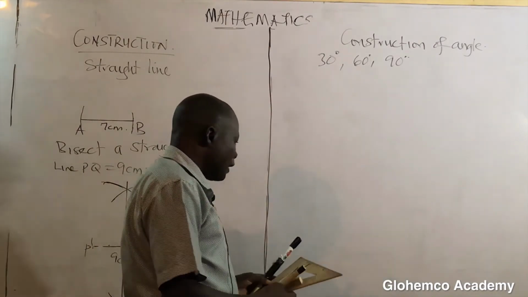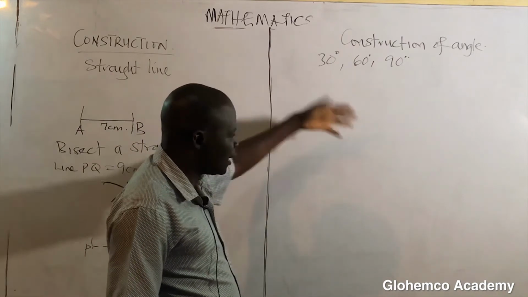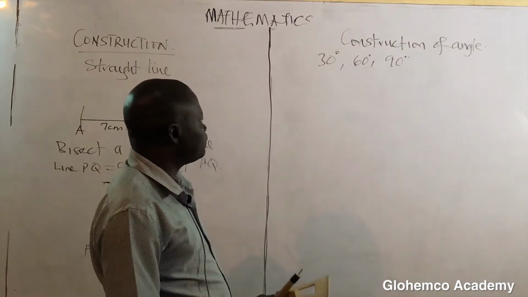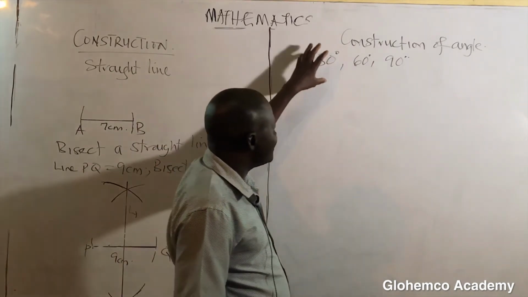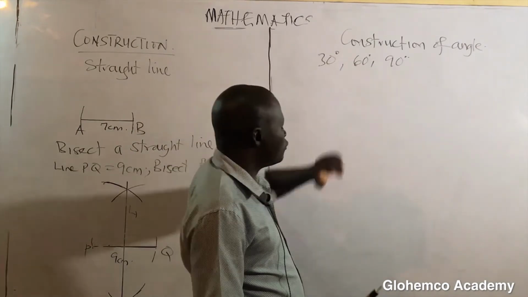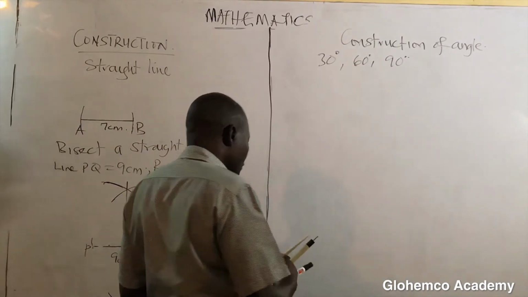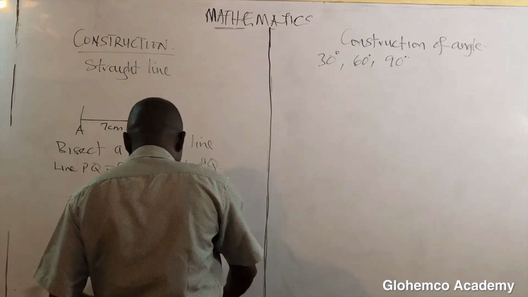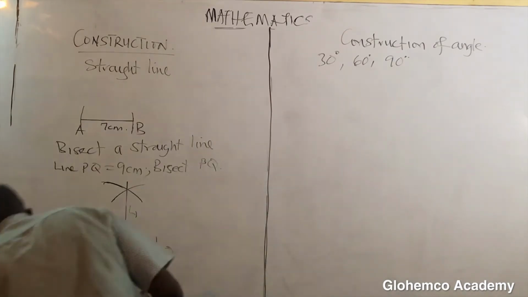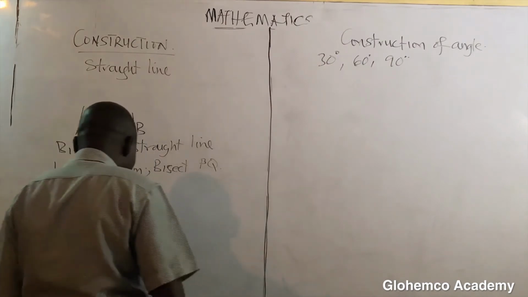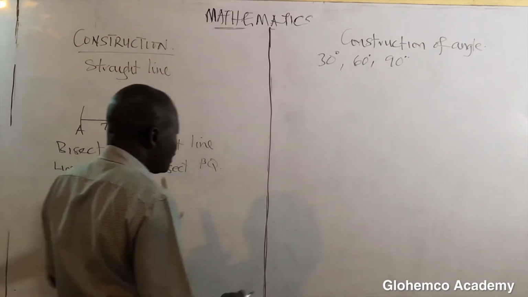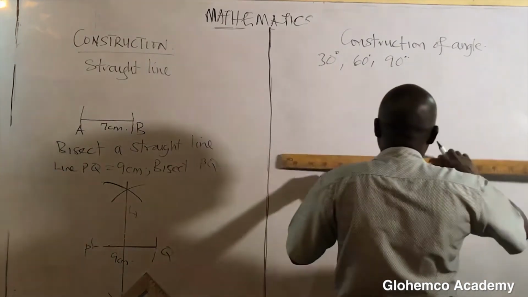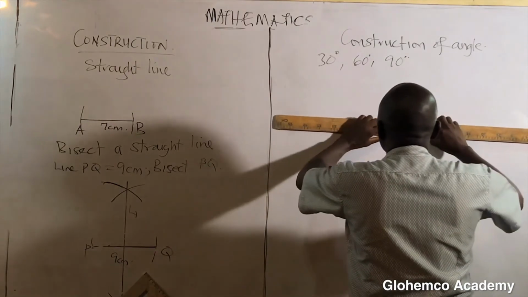When you construct, by the time you finish your construction, you get the real value that is expected of you. Now, if you want to construct 90 degree, let's start from 90 degree. You need to draw a straight line with our ruler and our well-sharpened pencil.